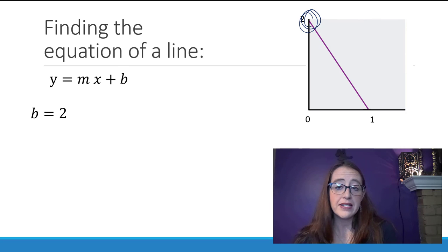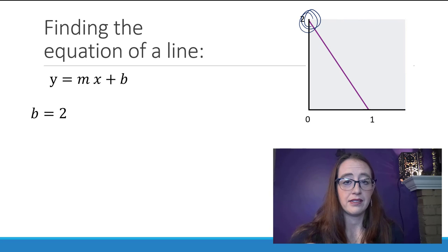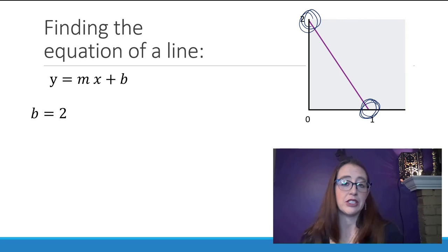Our slope is the rise over the run. The easiest 2 points to see this at is where it crosses the 2 axes. So I would probably choose these 2 points. Any 2 points will do, but these are the easiest.